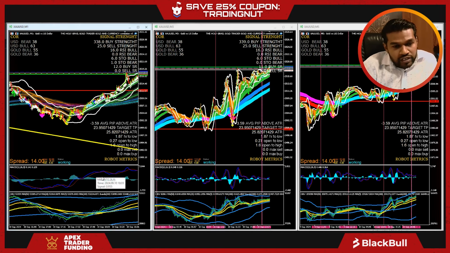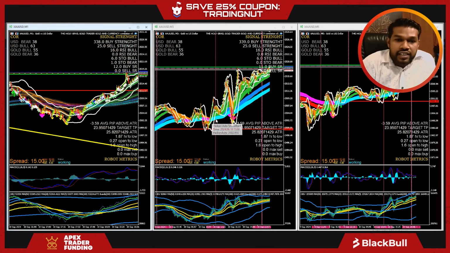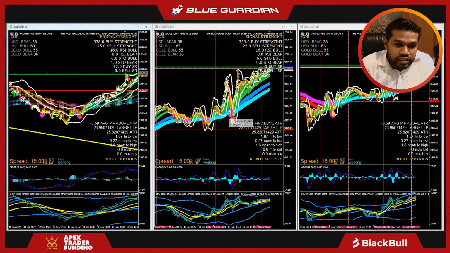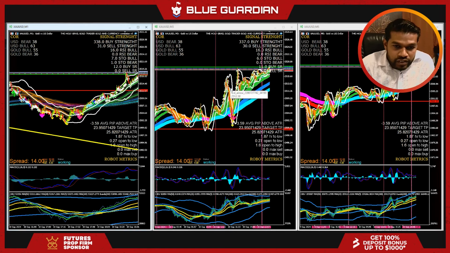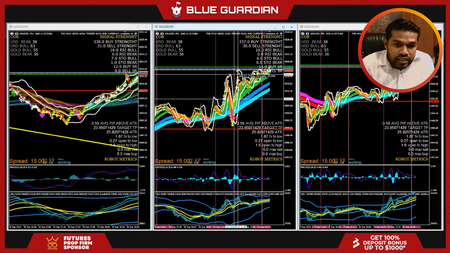I would make sure that all my time frames are above zero on the MACDs, and everything is flipped. All the EMAs are flipped bullish, continuing to stay flipped bullish. Once it's crossed back to green over here, I can go ahead and take this trade at max leverage for 50 pips. As you can see, it moves 72 pips.